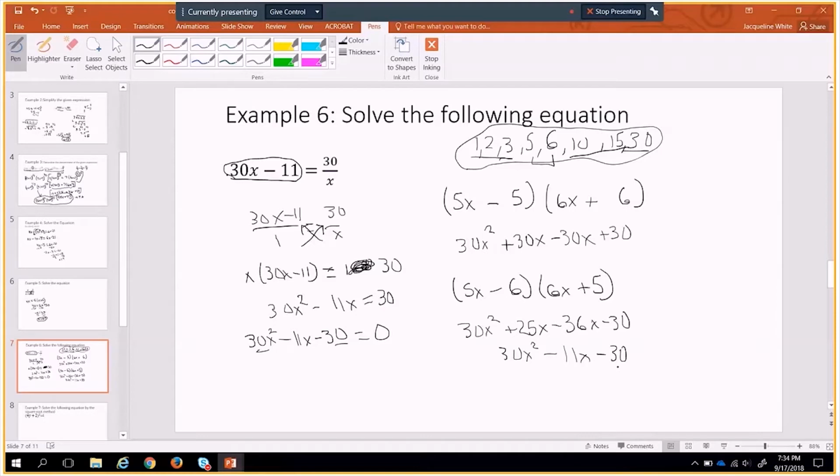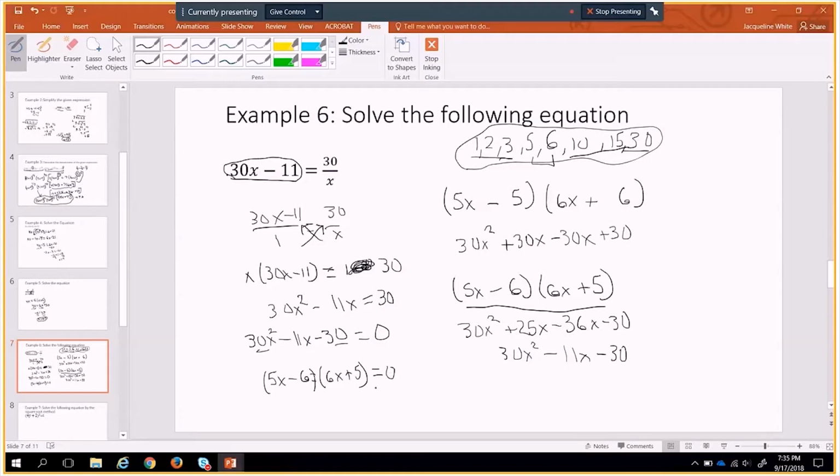Well, not yet. It wants us to solve the following equation. So remember back here when we made this equal to 0? Now that we know that these two are the factors of this, we can make it 5x minus 6 times 6x plus 5, and that's equal to 0.